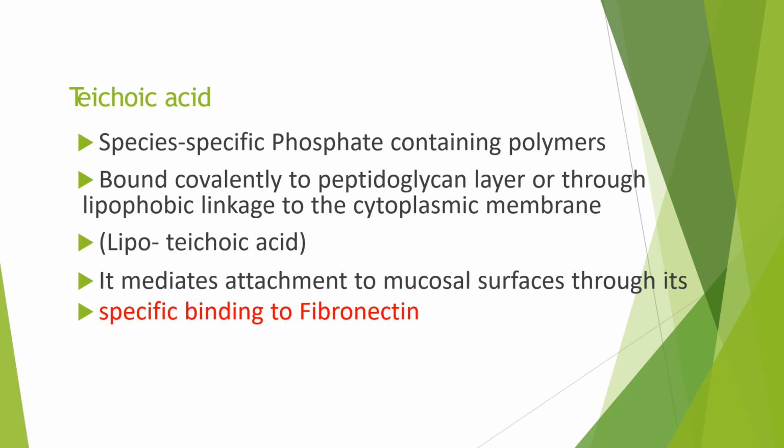So let's see. There is teichoic acid present. Species specific phosphate containing different polymers are present, bonded covalently. How is the teichoic acid bonded? It is bonded covalently to the peptidoglycan layer through a lipophilic linkage. This is the bonding, that is lipophilic linkage. Lipoteichoic acid is there.